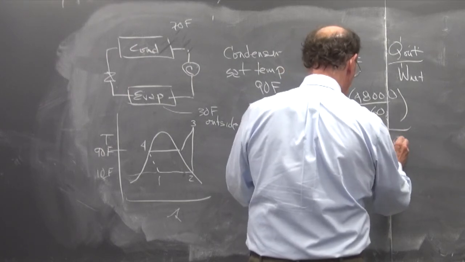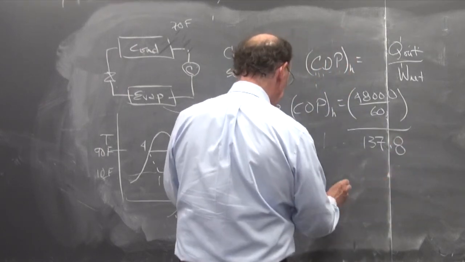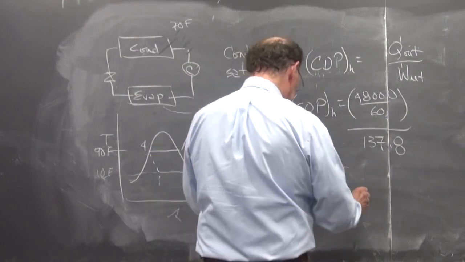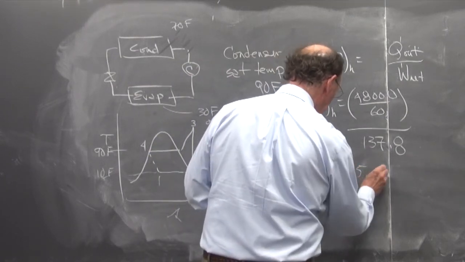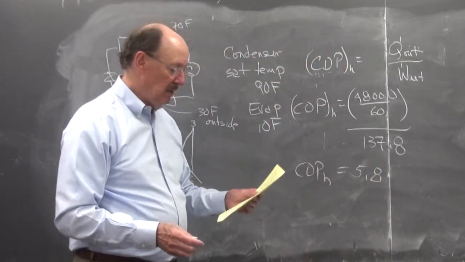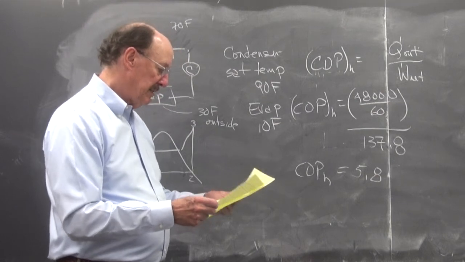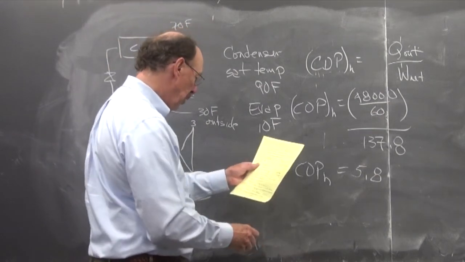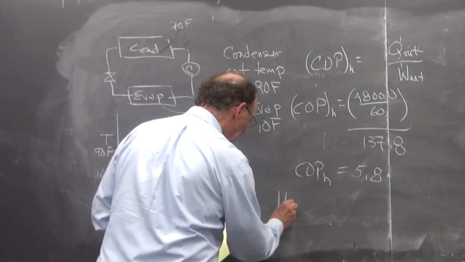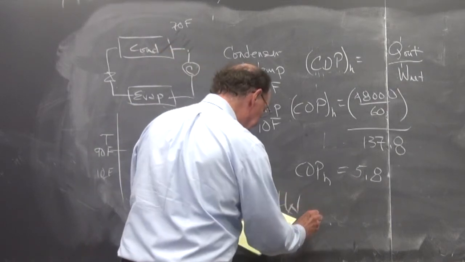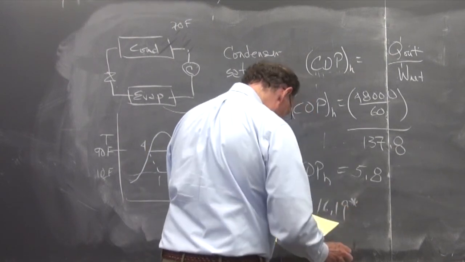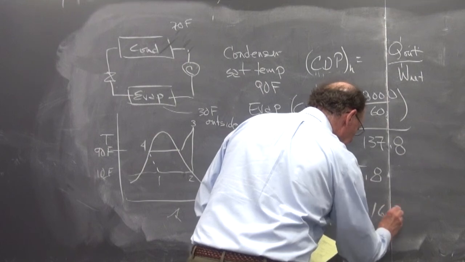And so the COP is 5.8. So that gives us the COP for heating for our heat pump. And for homework, you can do a couple of these also: 16.19 star and 16.21 star.